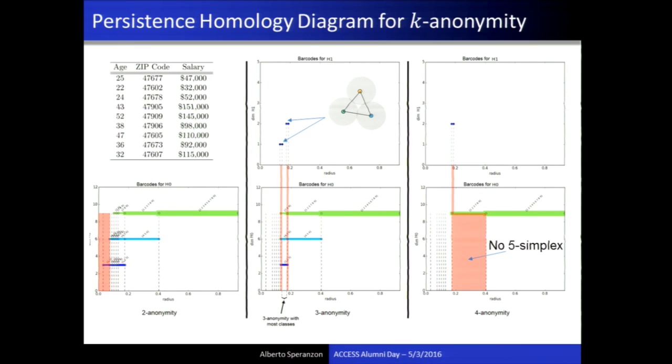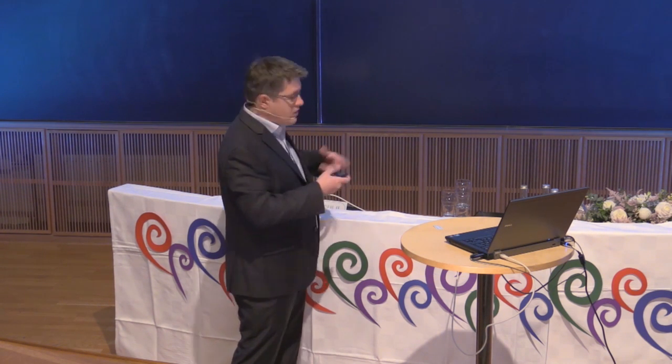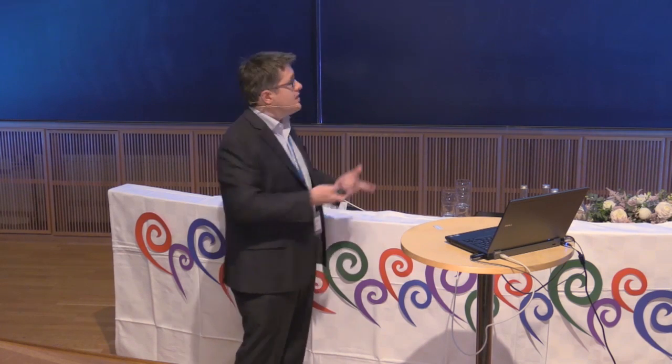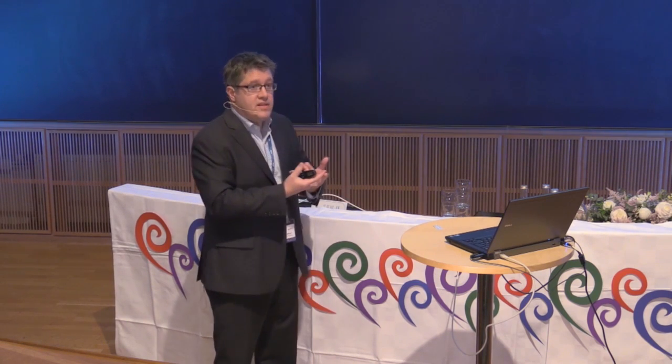And you can do this, again, for higher order, for 4-anonymity, and so on. Here, in this example, the H2, corresponding to voids, is always trivial, so you never get that issue. But you also need to be careful, because if you want 4-anonymity, either you're lucky and you find tetrahedra, but if you have only 5 or 6 points here, either you find 2 tetrahedra which are filled, or you need them all in one 5-simplex.